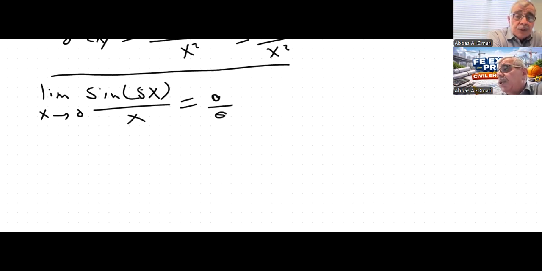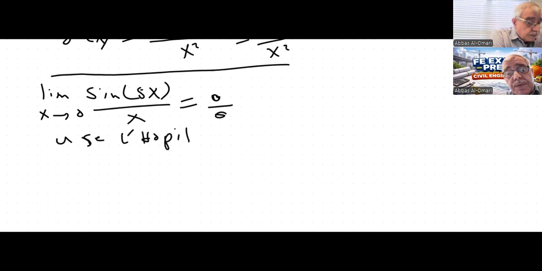So in this case, we use L'Hopital's rule. We take the derivative of the numerator, and also we take the derivative of the denominator, and we find the limit again, and we see what happens.